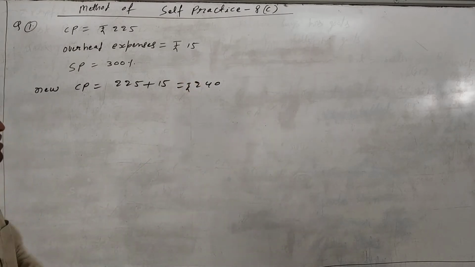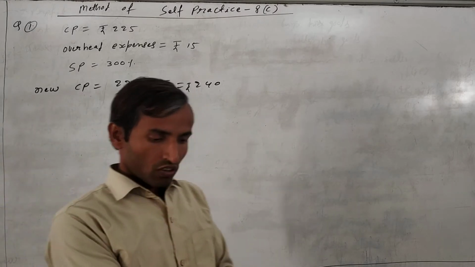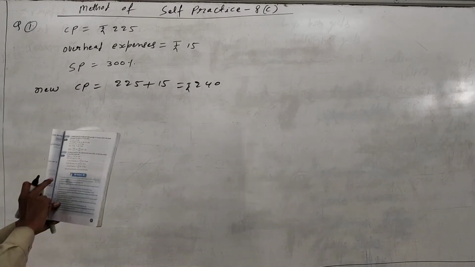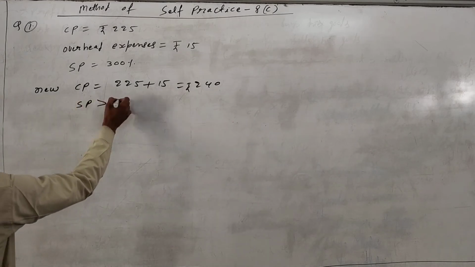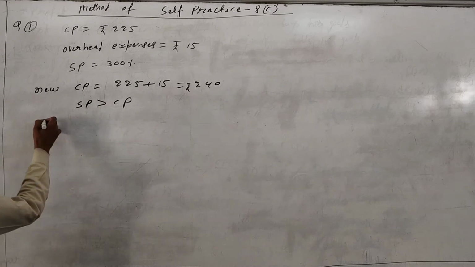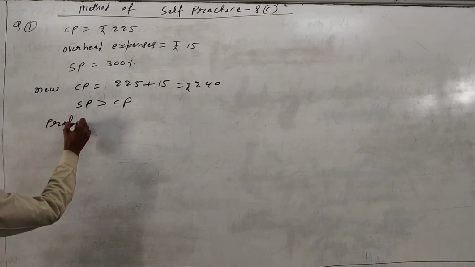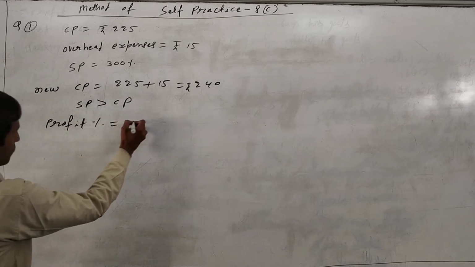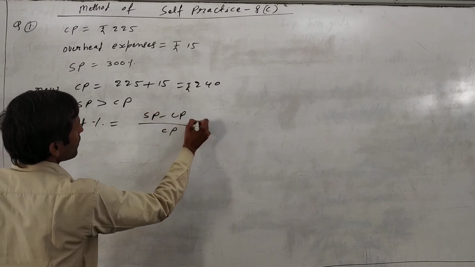On this CP we have to find profit percent or loss percent. The question is asking profit percent only, which means here SP is greater than CP, that's why we have to find profit. So apply the profit percent formula: SP minus CP upon CP into 100.